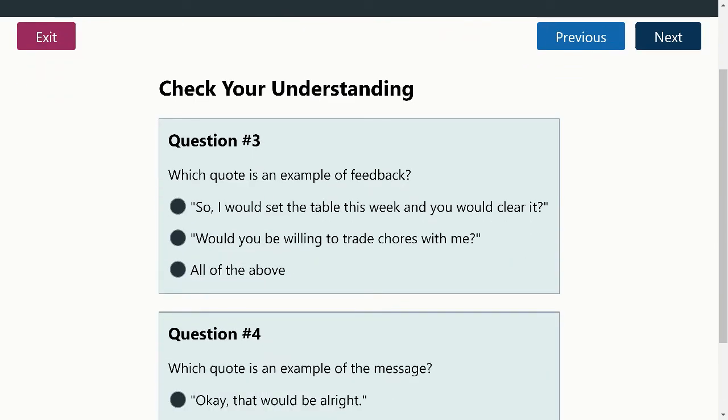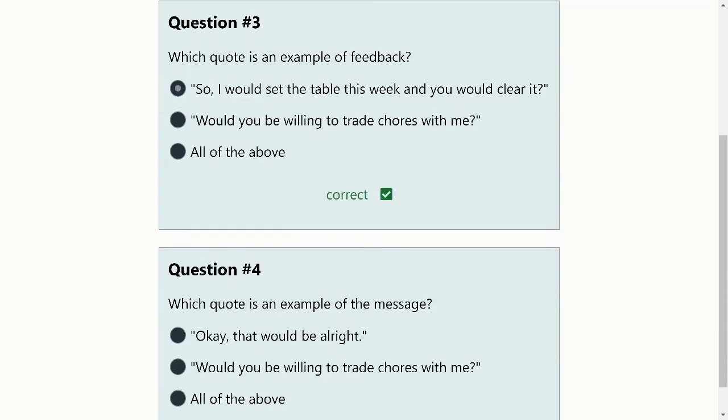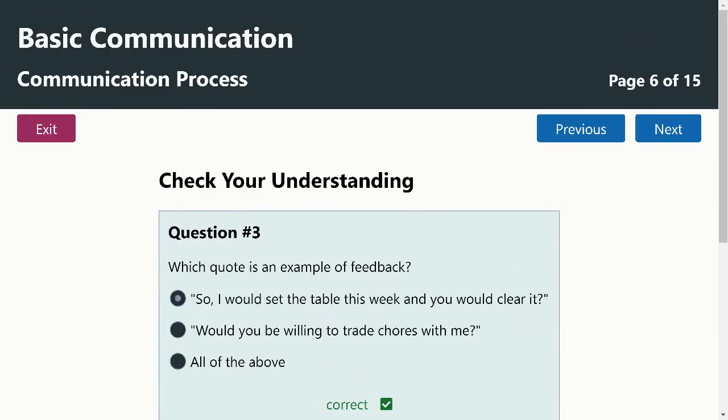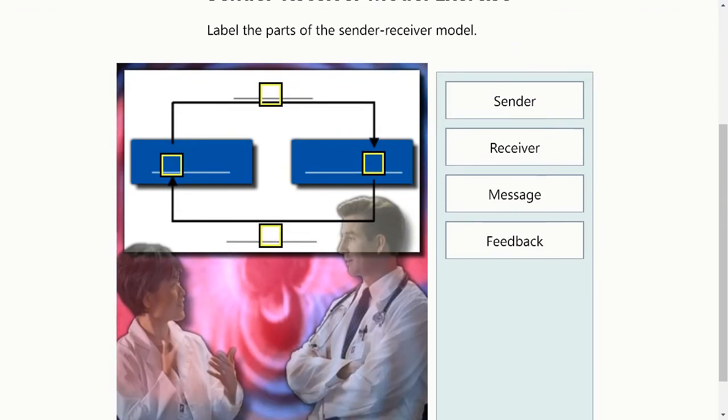Which quote is an example of feedback? Which quote is an example of the message? All right, so on this model, what goes where?